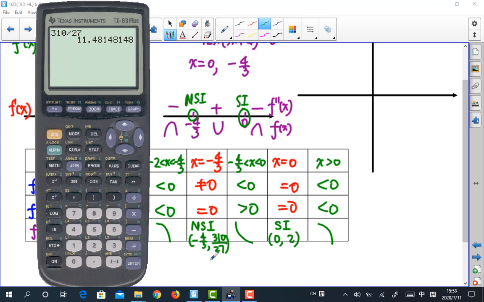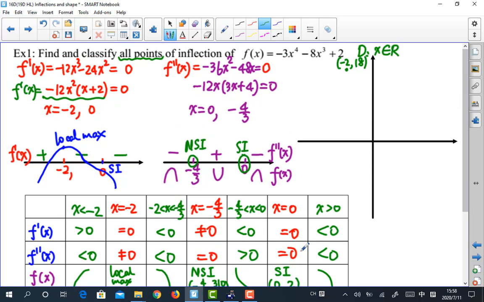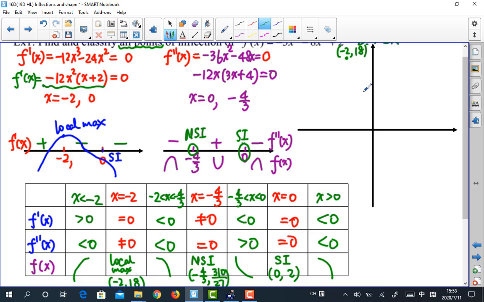Getting the decimal will help me locate this point. So the local maximum is here, the non-stationary inflection is at -4/3, 11 point something, 0.5. So non-stationary inflection, (-4/3, 310/27). Then stationary inflection, (0, 2).